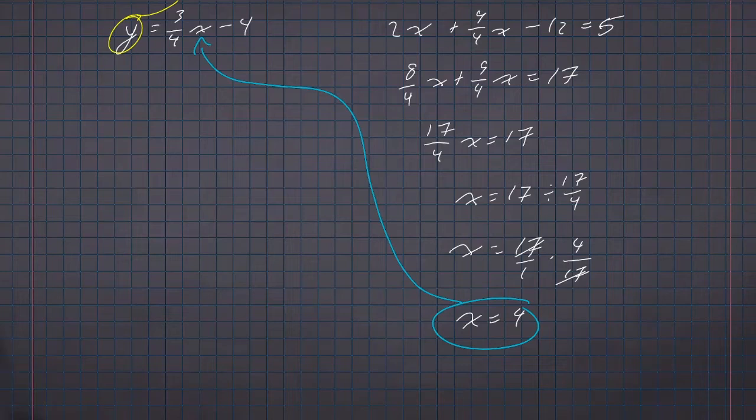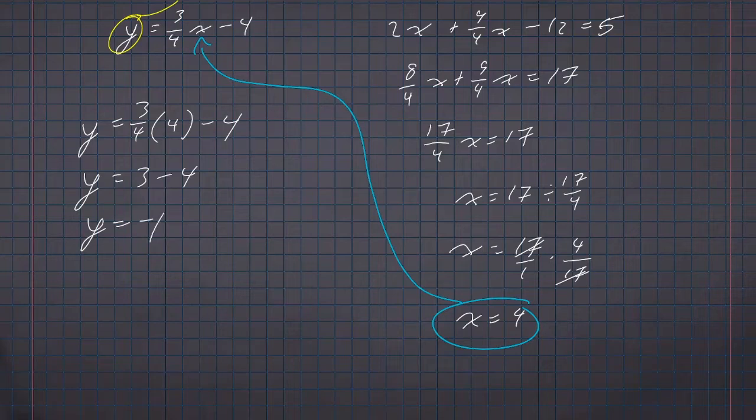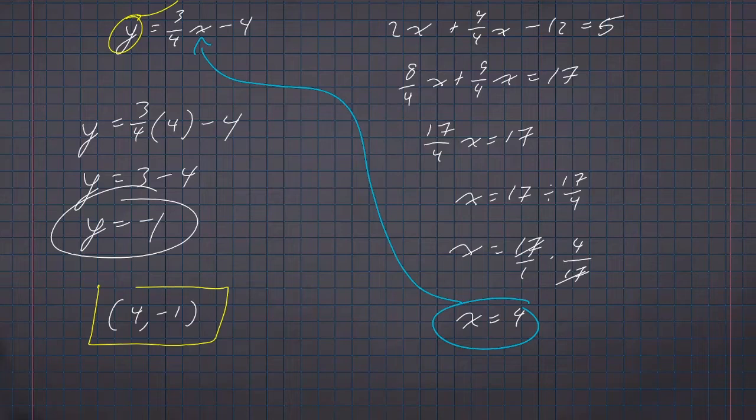And since the thing we are looking for is y, it makes sense to put it back into the equation that already has y by itself. y equals 3/4 times x, which is 4, minus 4. 3/4 times 4 is 3, and 3 minus 4 is -1. So x equals 4, y equals -1. We will write our solution as the ordered pair (4, -1).